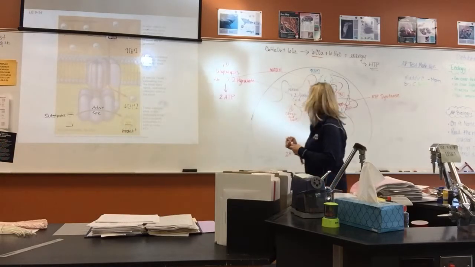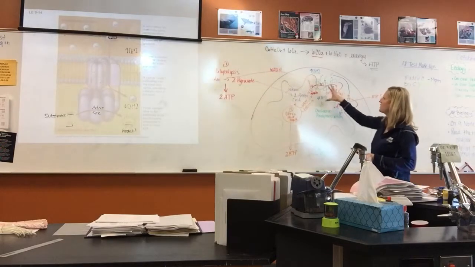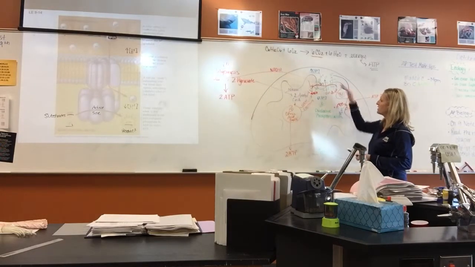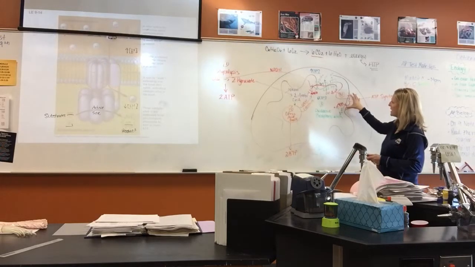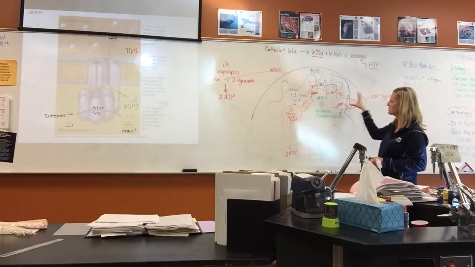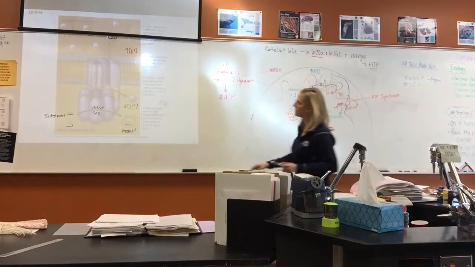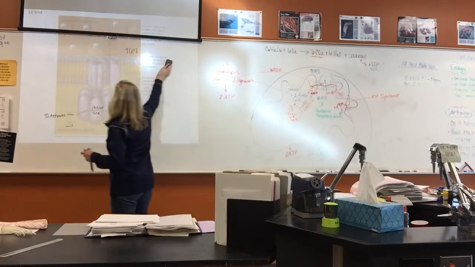And that's how that works. And so these two together have to occur together, and they collectively are called oxidative phosphorylation. This is called chemiosmosis. This is the electron transport chain, and collectively they're oxidative phosphorylation.